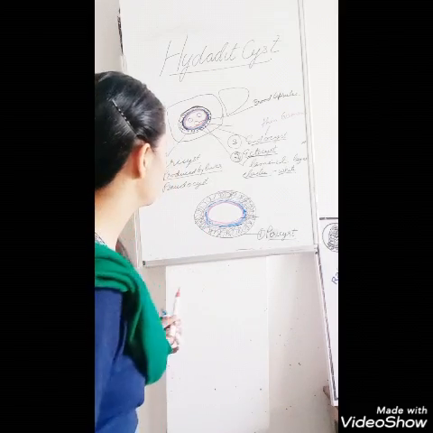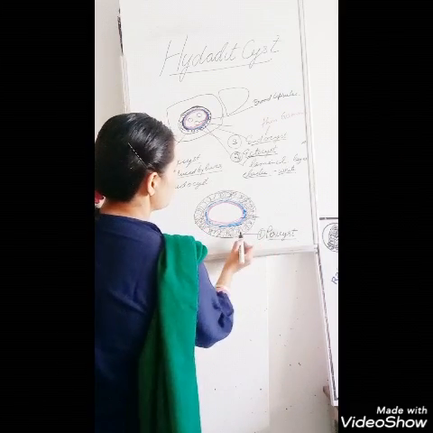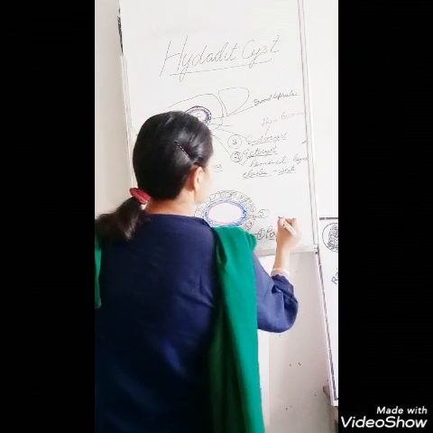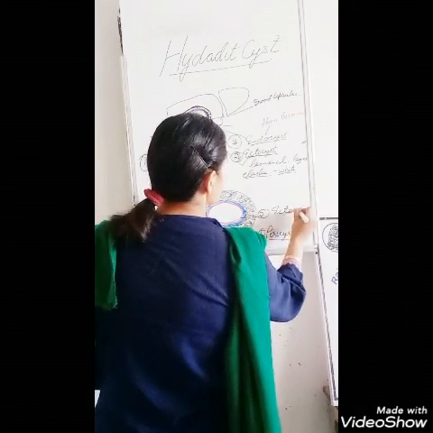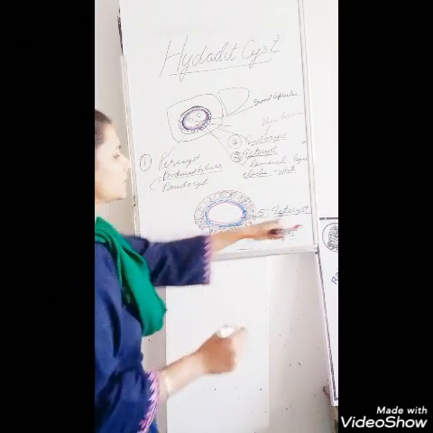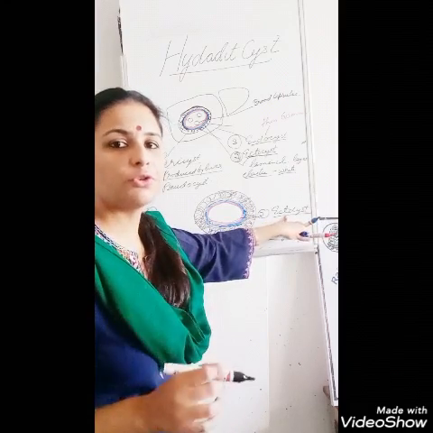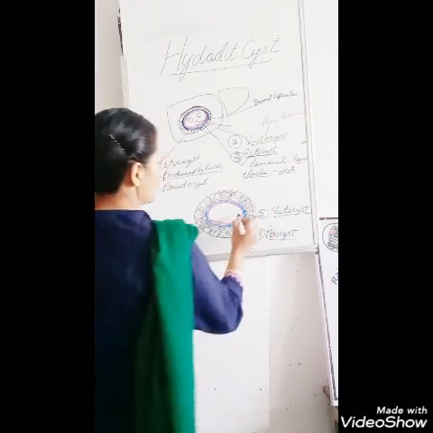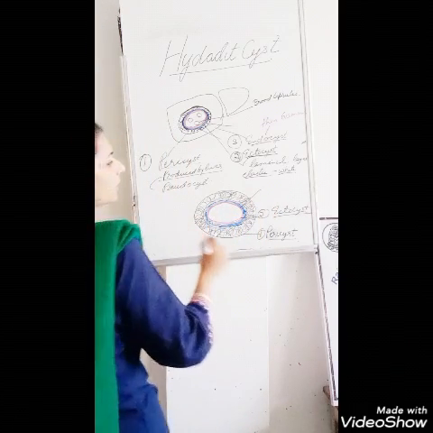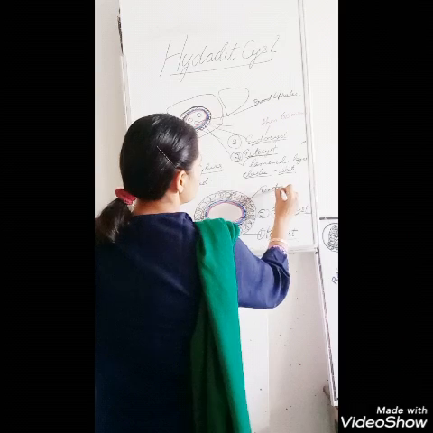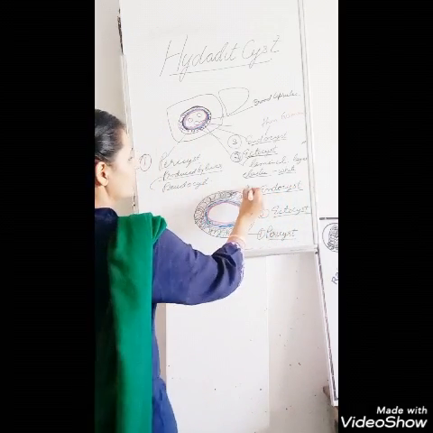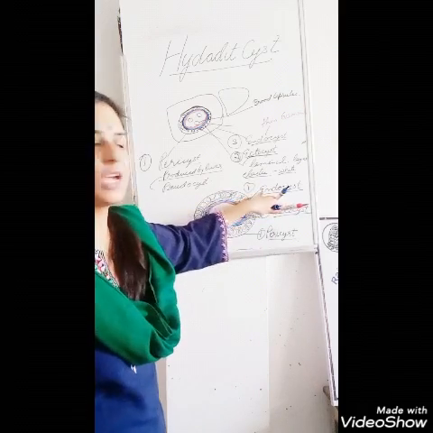I will draw in sequence. The outermost layer is pericyst produced from the liver. Then the second is ectocyst produced by the endocyst. This ectocyst layer is produced by the endocyst layer, and this innermost, that red line I have drawn with the red color, is the endocyst, also known as the germinal layer.